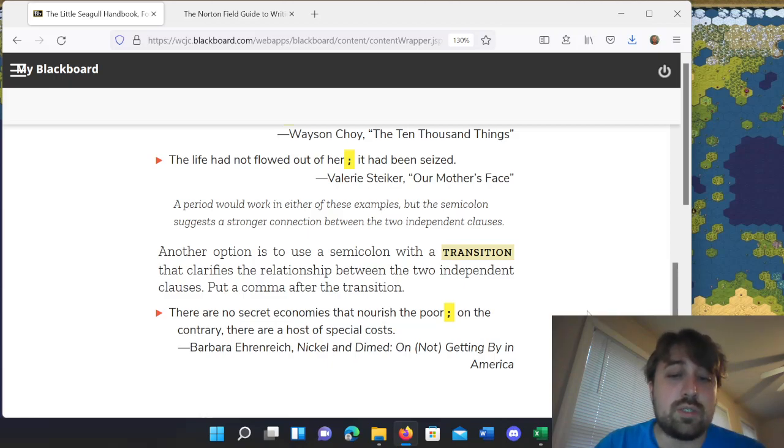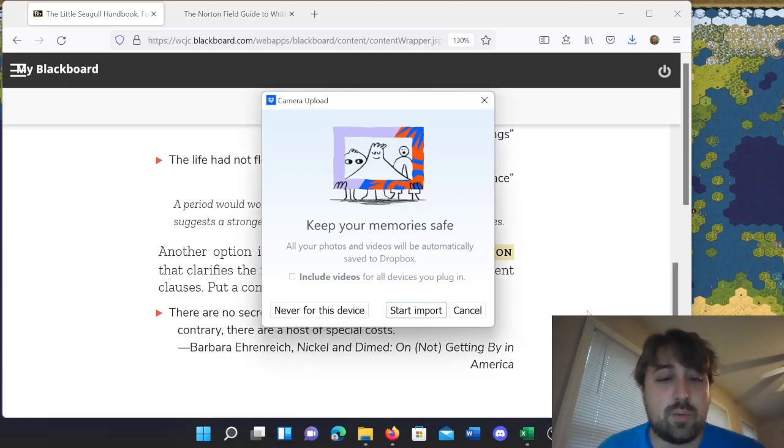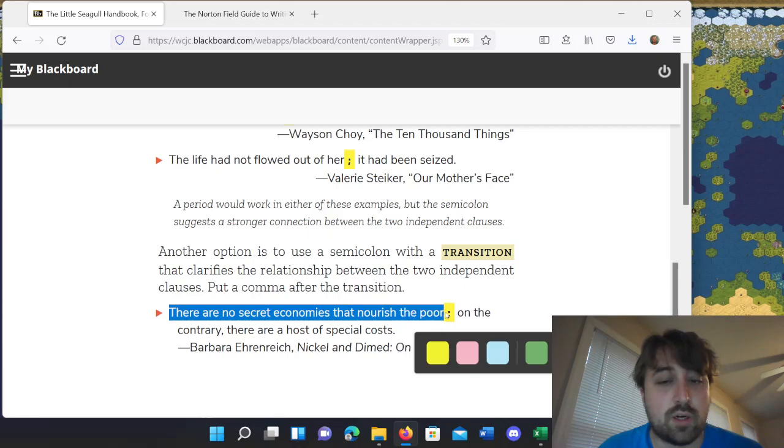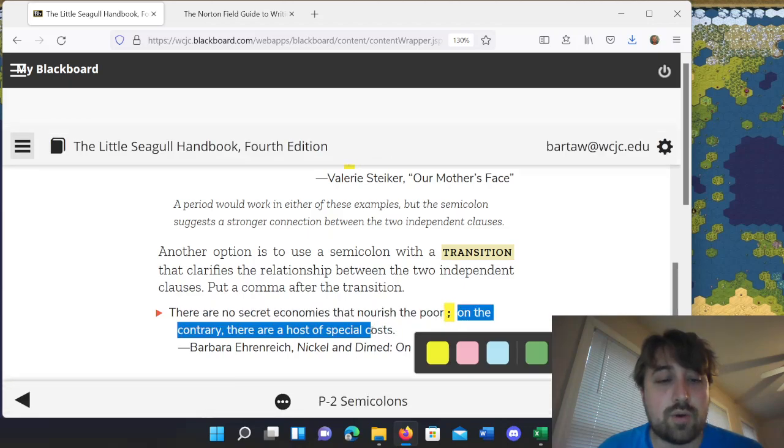You can also use it with a transition too. So: there are no secret economies that nourish the poor; on the contrary, there are a host of special costs. The transition here is "on the contrary."